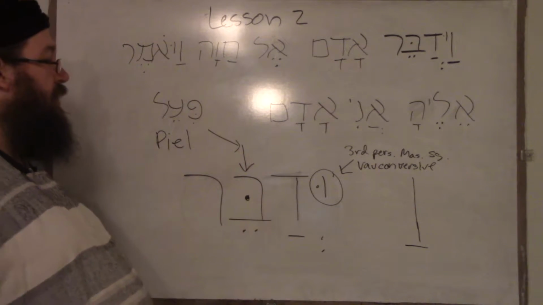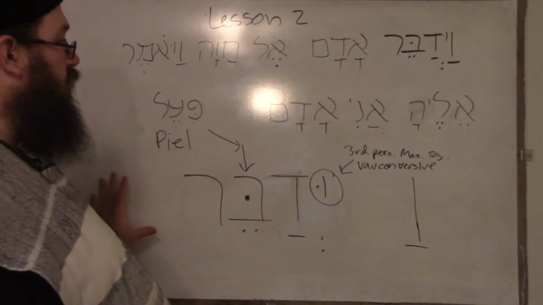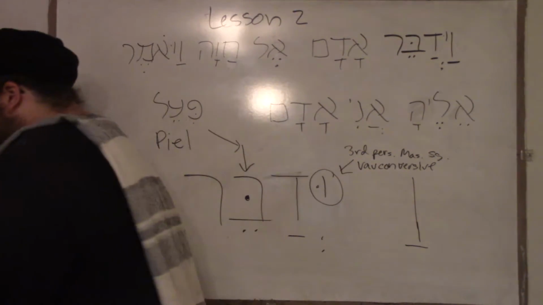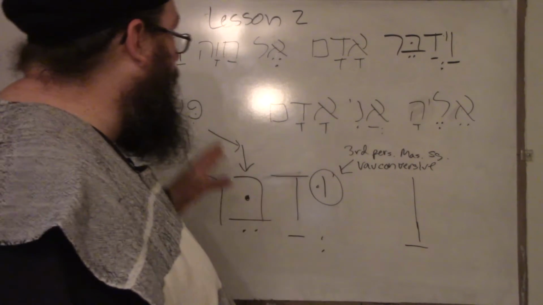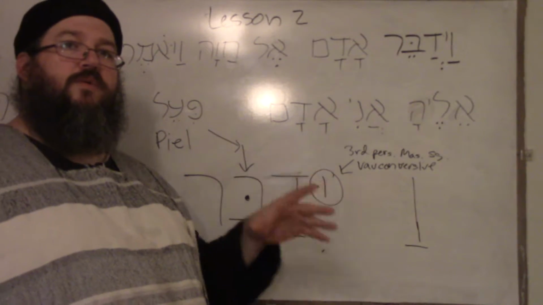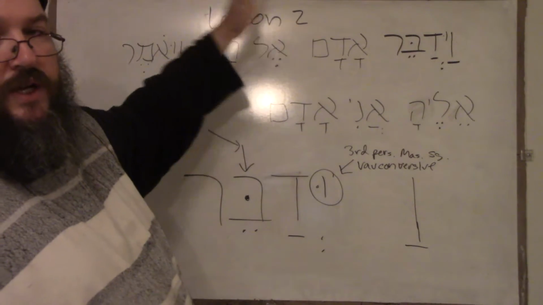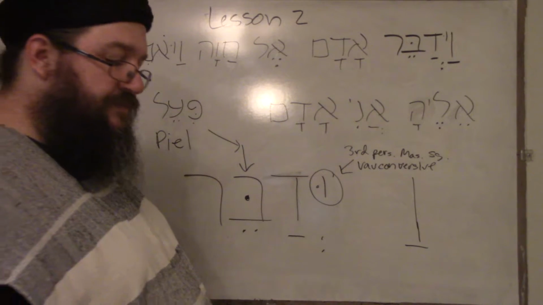I want to understand what all the possibilities are of how this will look. For the most part, it's not going to deviate from the Pa'al chart we looked at at the beginning when identifying the future, the past, and the shalom form.